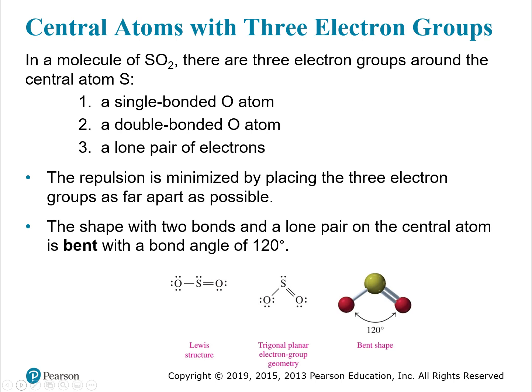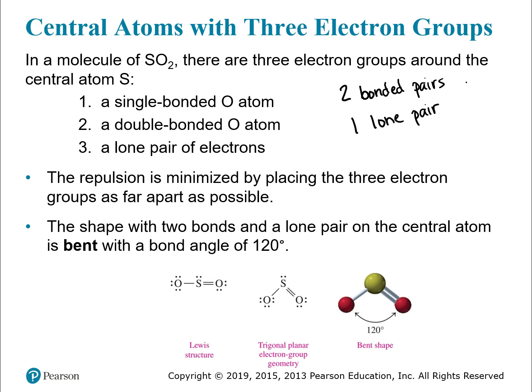We can also have 3 electron groups where we've got 2 bonded pairs and 1 lone pair. The bonded pairs are the atoms bonded to the central atom.